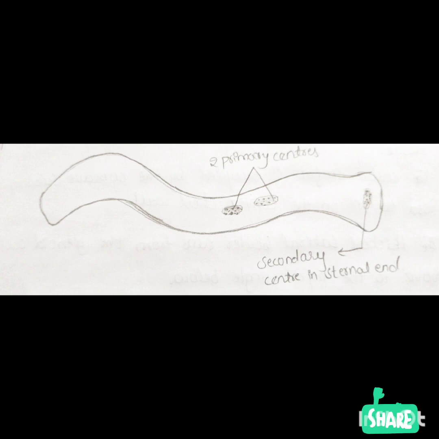Now we should discuss about the ossification. As we know, it is the only bone that ossifies in membrane, and it has two primary centers and one secondary center for ossification. These two primary centers of ossification appear in the shaft between the 5th and 6th week of intrauterine life, means inside the mother's womb, and fuse about the 45th day of intrauterine life.